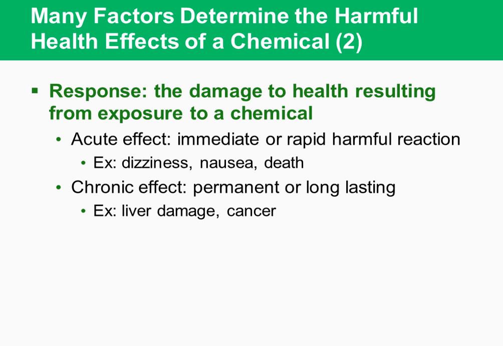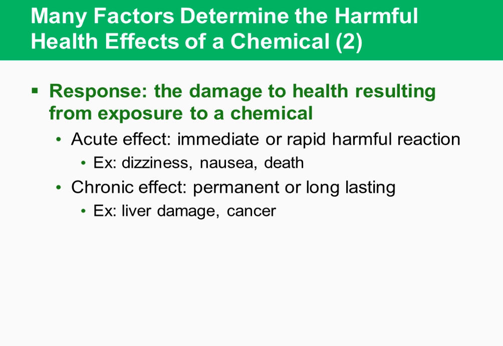Same thing with your chronic effects. Usually, you're going to have chronic effects that lead to death, but that's not always the case. You could have something chronic like arthritis that goes on and on but never causes you enough harm to kill you. But the two here, liver damage and cancer, definitely could. Again, they're permanent, long lasting.